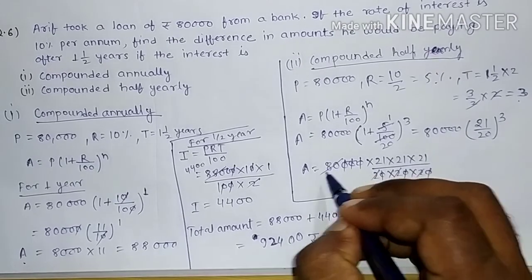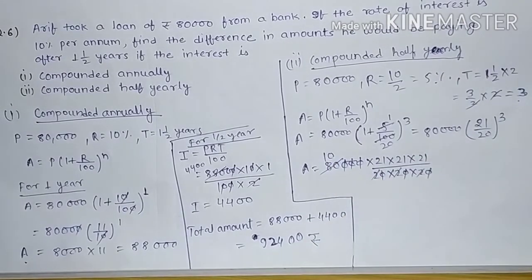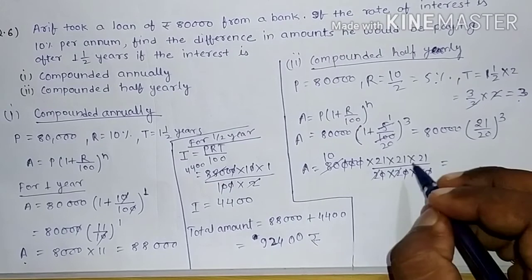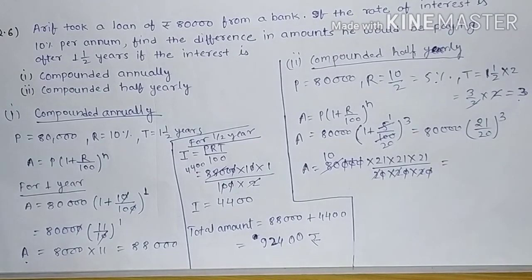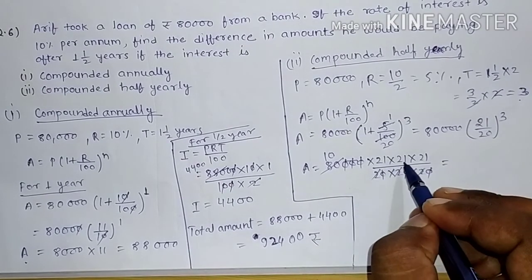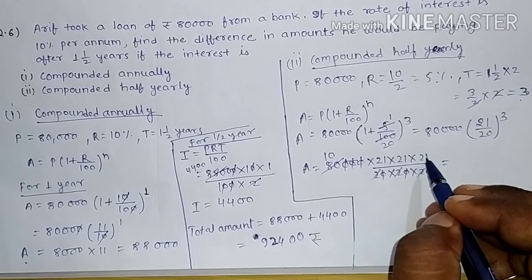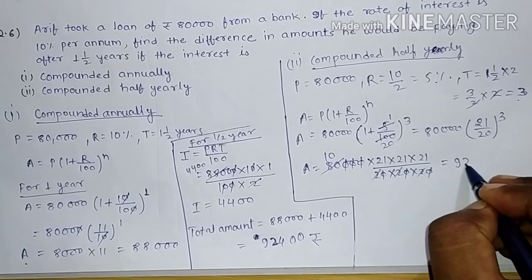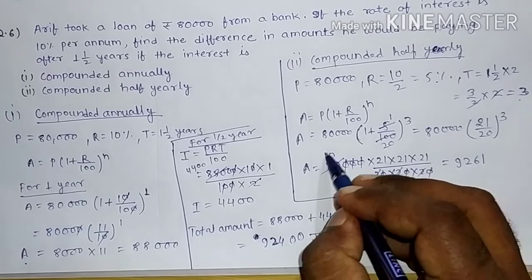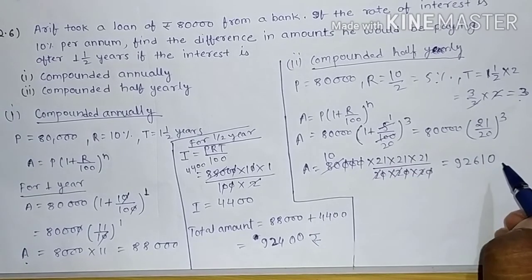So 8 times 1 is 8, 80, 10. Now 21 into 21 into 21 becomes 9261, and 10 is multiplied, so 92,610.